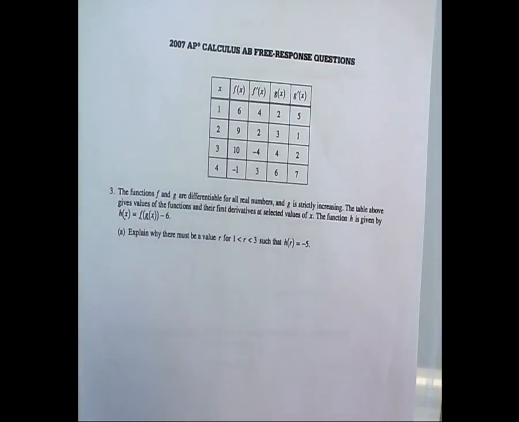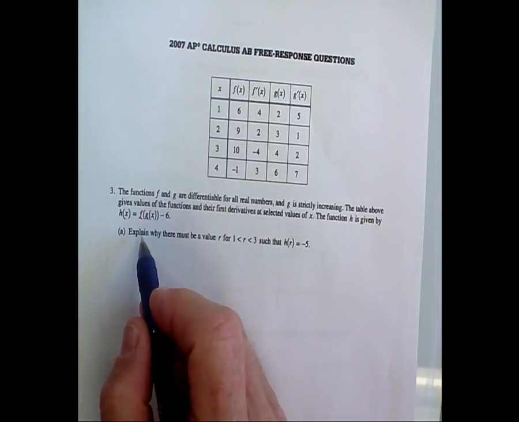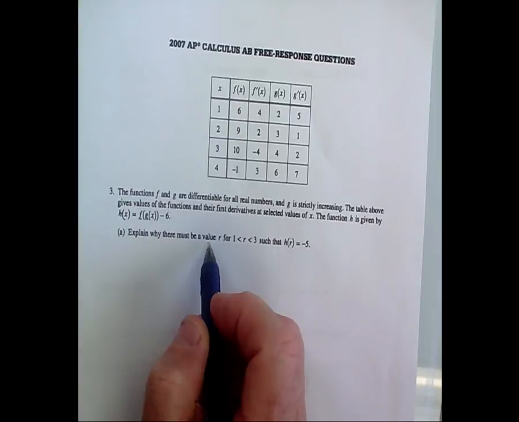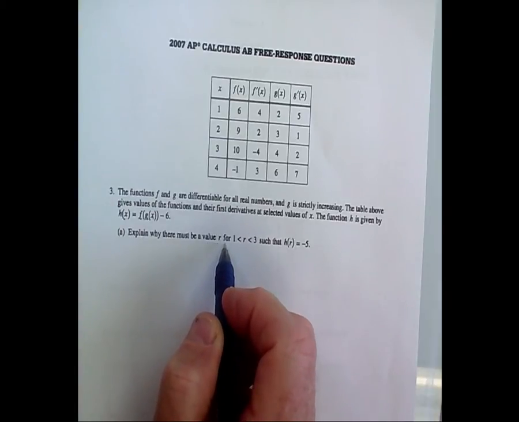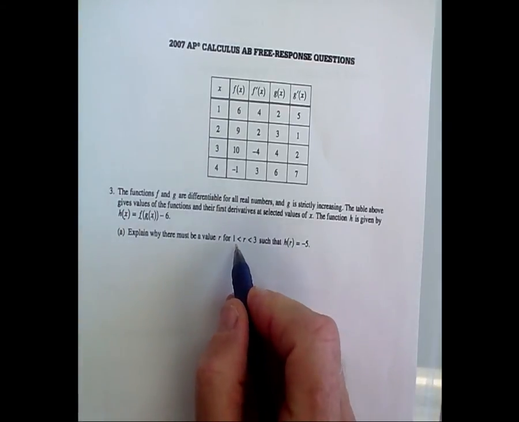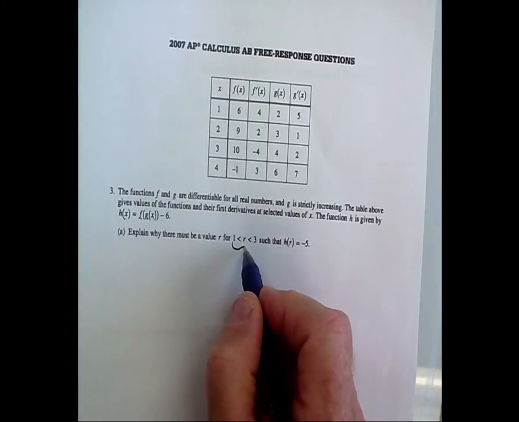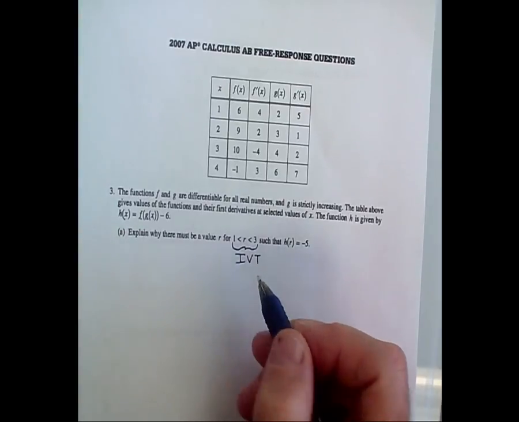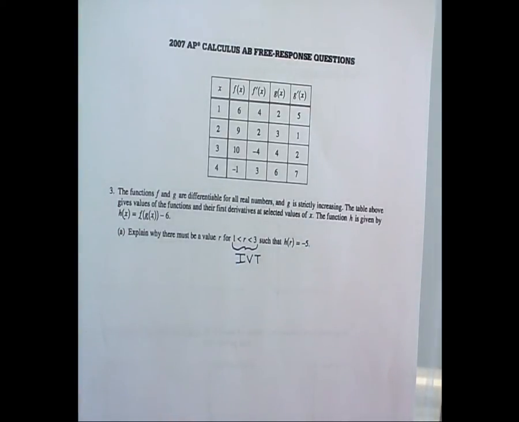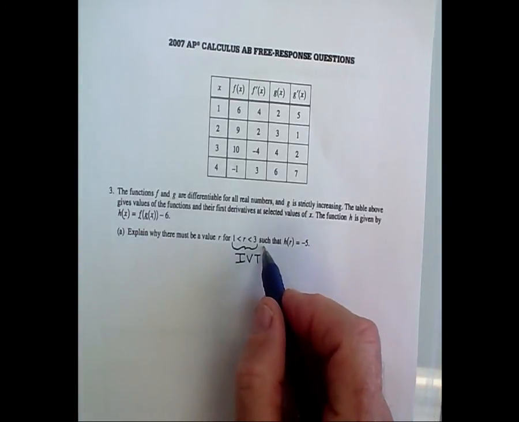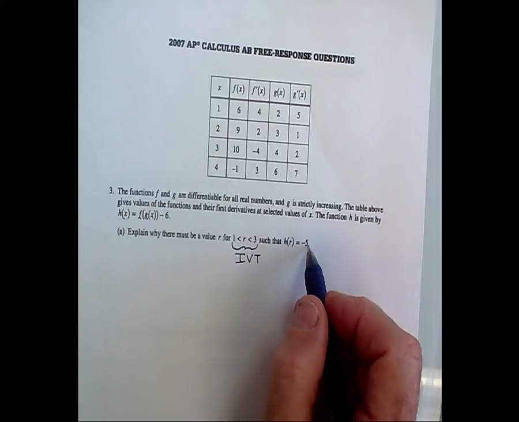Then it says, explain why there must be an r value for the interval 1 is less than r is less than 3, such that h of r equals negative 5. When you see an interval, it means you're going to do IVT.